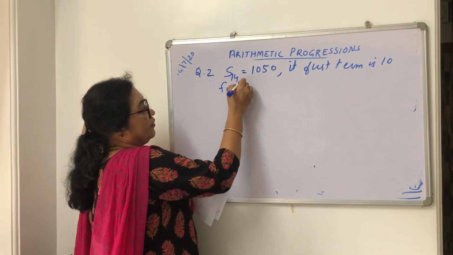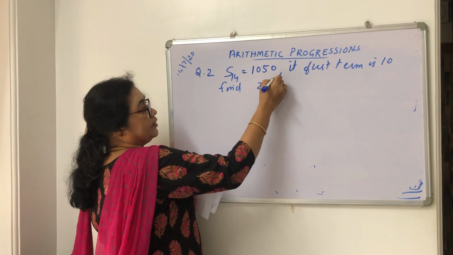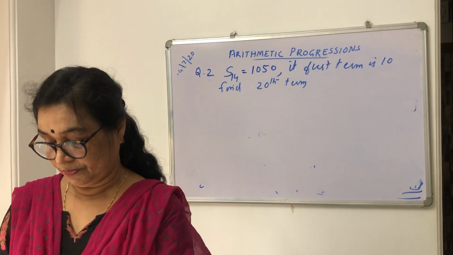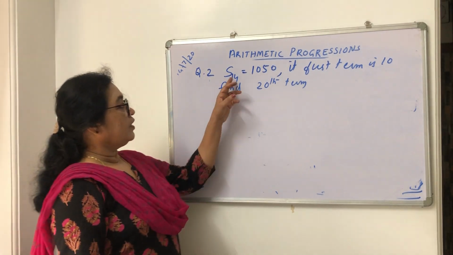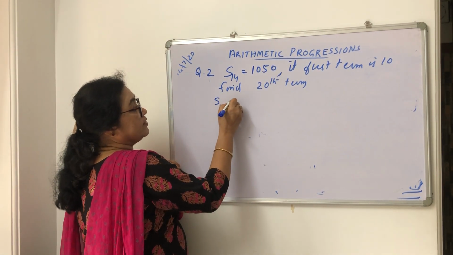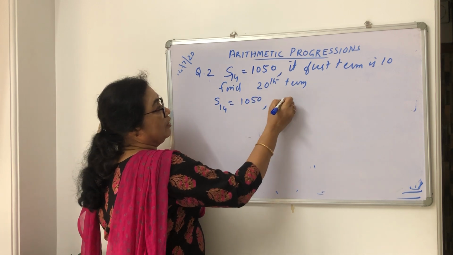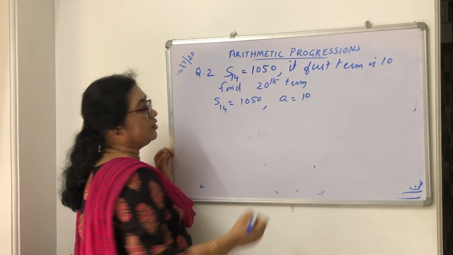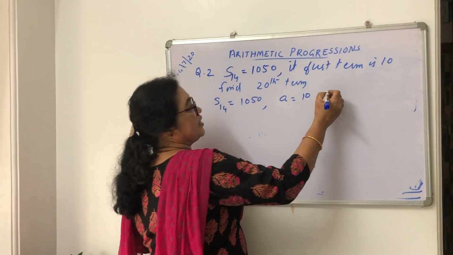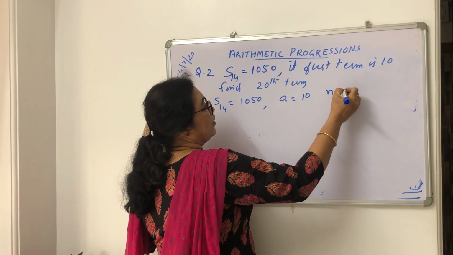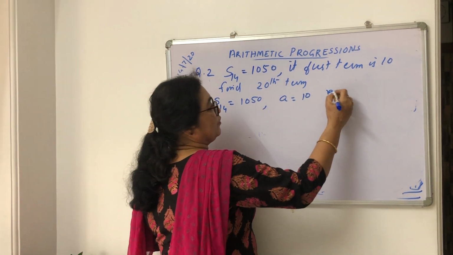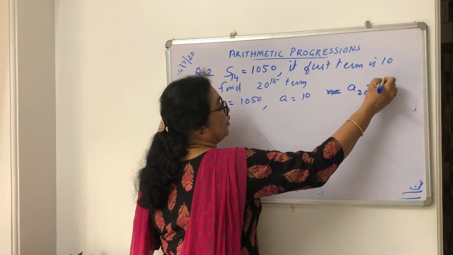Find the 20th term. So here S14 is given as 1050, and the first term a is 10. You need to find out the 20th term, so you have to find A20.